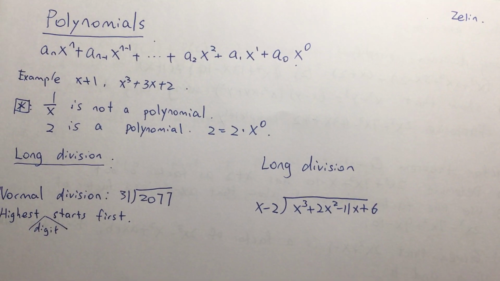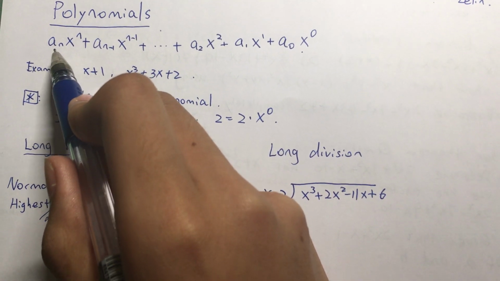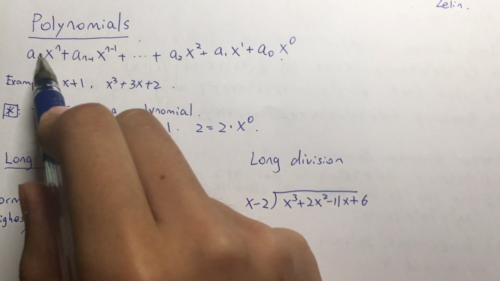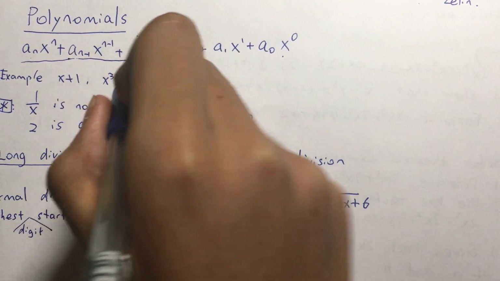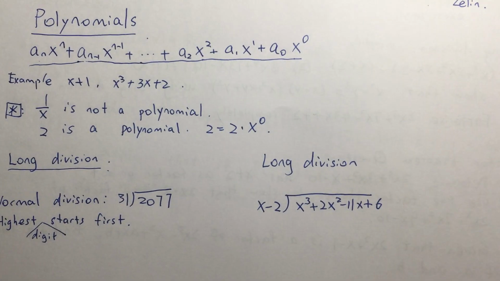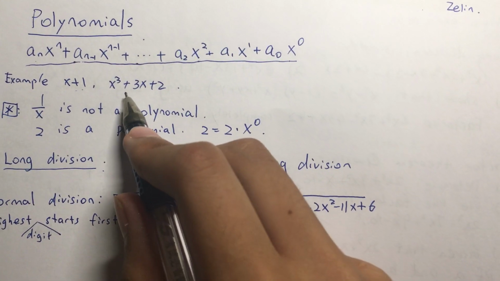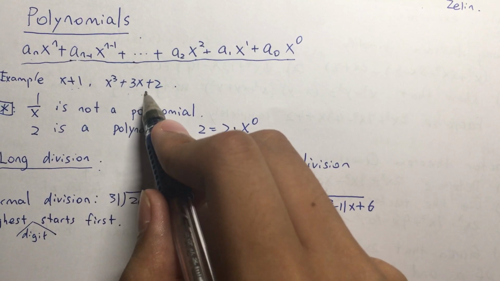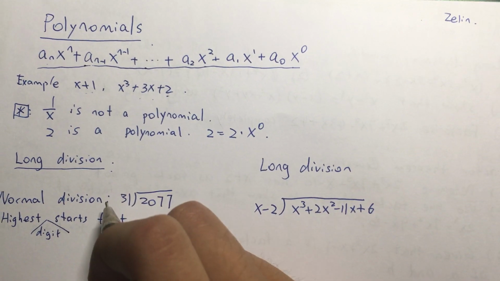So what is a polynomial? Well, a polynomial is a type of function that has the general formula of that. For example, x plus 1 or x to the power of 3 plus 3x plus 2, they are all polynomials.